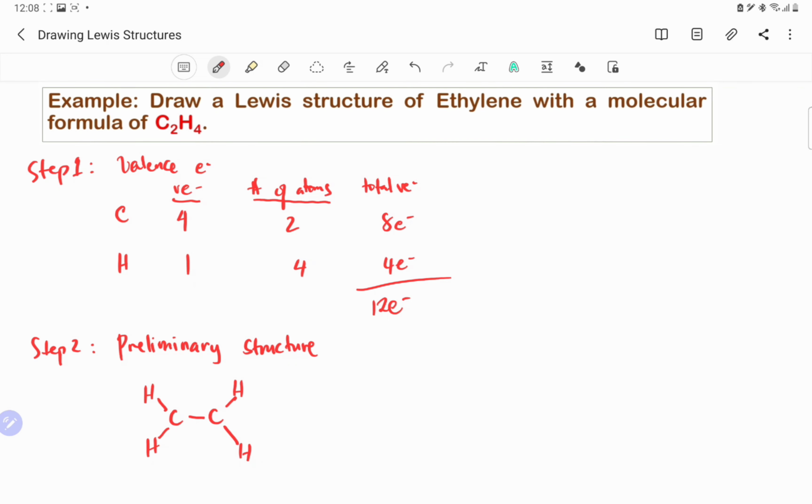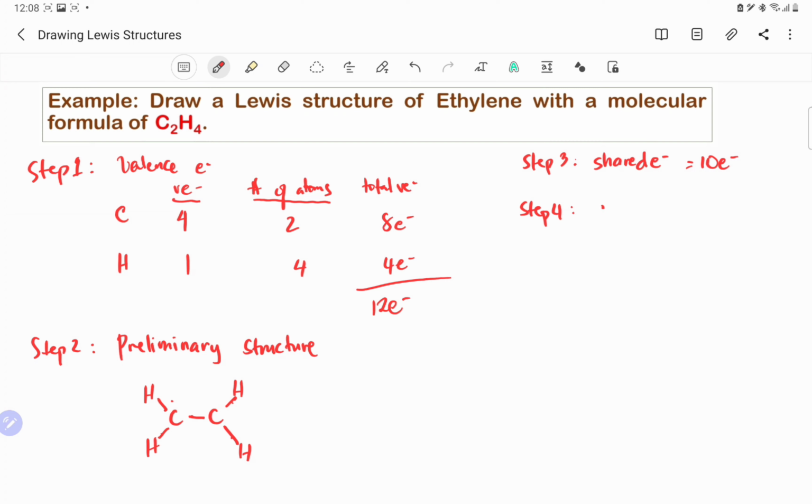Okay, so step 3 is determine the shared electrons, and shared electrons are those found as single bonds. So remember that a single bond is equivalent to 2 electrons. So 2, 4, 6, 8, 10. There are 10 shared electrons.